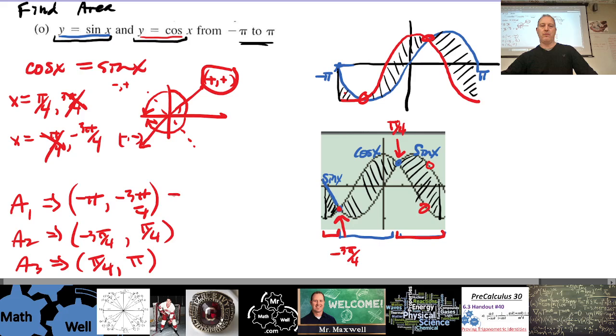And if we keep moving on here, we remember that the sign is on top. So this is going to be sine x minus cos x for a function that we're going to take the antiderivative of. This one is cos x minus sine x. And then again, sine x minus cos x.